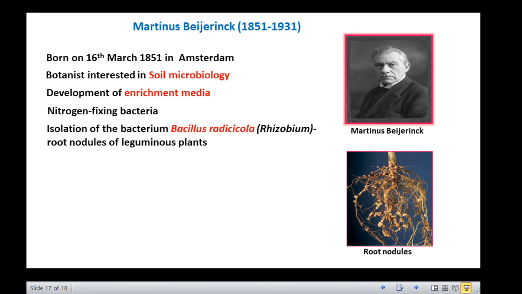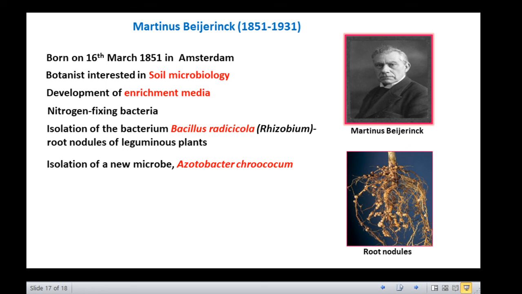Beijerinck also wanted to isolate an organism capable of fixing nitrogen in the presence of air because all previous isolates fixed nitrogen only under anaerobic conditions. He succeeded in isolating a new microbe, Azotobacter chroococcum, an aerobic nitrogen fixing bacterium.